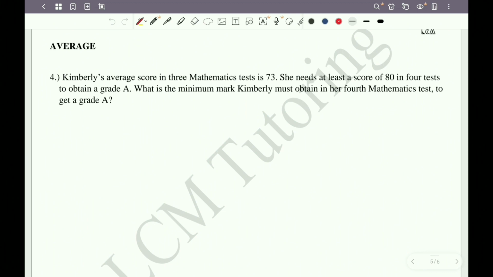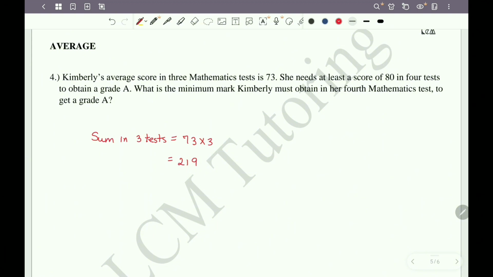Let's start off with finding her sum in the 3 mathematics tests. So let's say sum in 3 tests. Of course, that's going to be the average, 73, multiplied by the number of tests that she took, which is 3, right? Here we have 3 times 3 is 9, and 7 times 3 is 21.